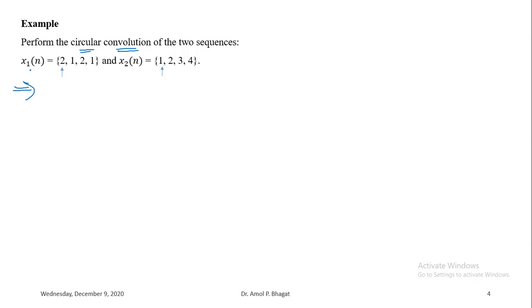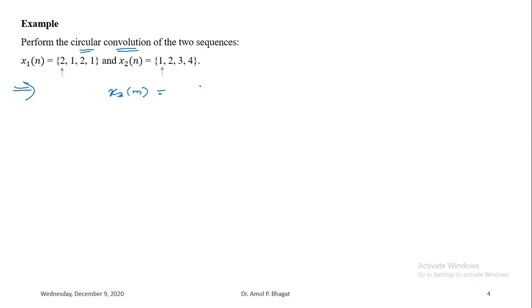In both sequences x1 of n and x2 of n, the first sample is the origin sample. To perform this circular convolution, we are interested in identifying the resulting sequence x3 of m.